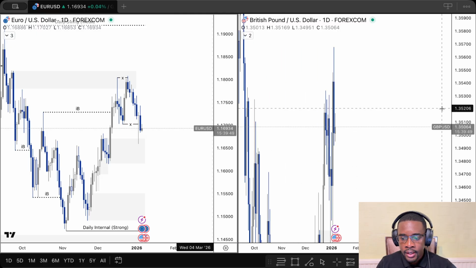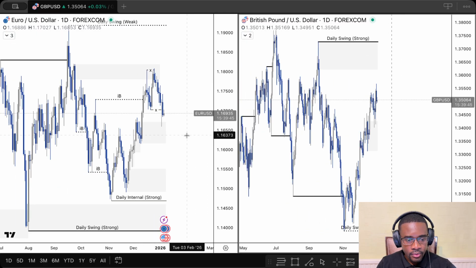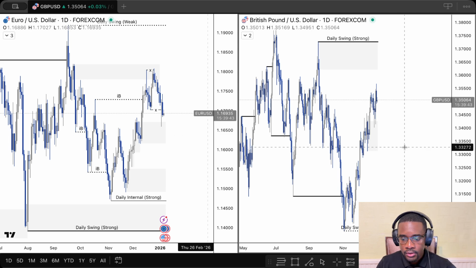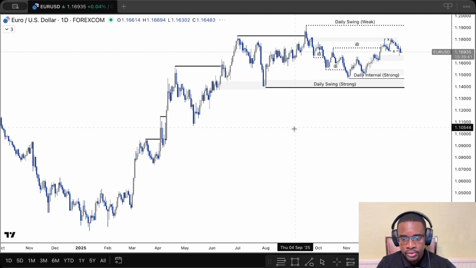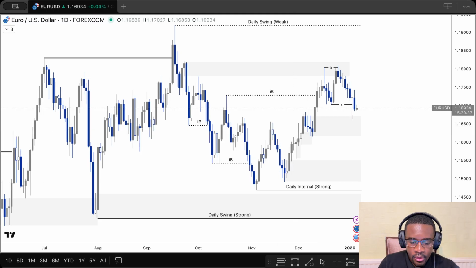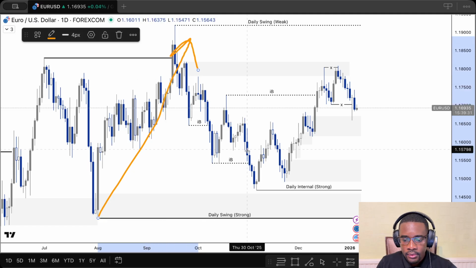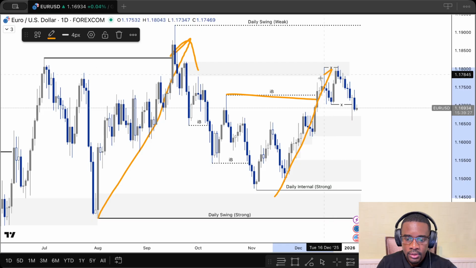So looking at today, analysis has not changed for the most part. Our daily swing is still bullish. Our internal overall is still bullish.